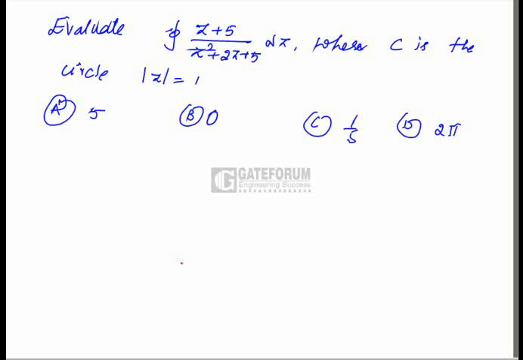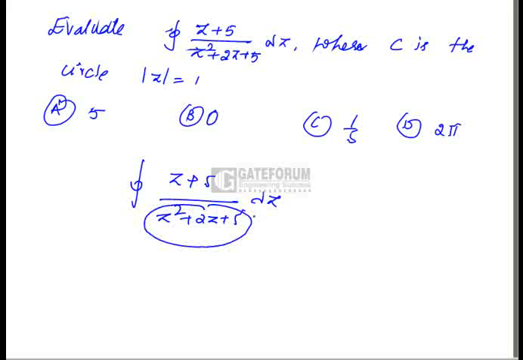We have to evaluate the integral of z plus 5 by z square plus 2z plus 5 dz. Now, in order to find this integral, we have to find the poles of the denominator, that is z square plus 2z plus 5. In order to find the poles, we'll equate it to 0. Now, the value of z will be minus 1 plus or minus 2i.